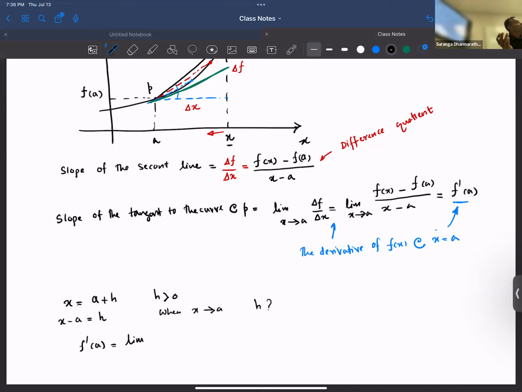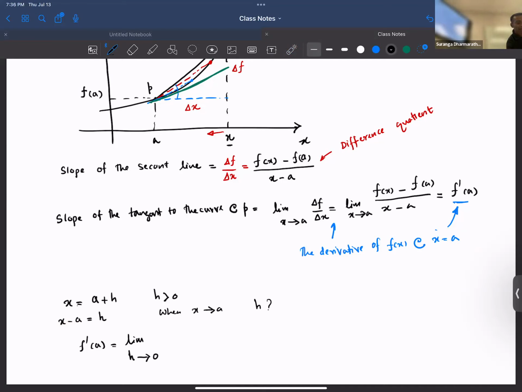It decreases. Where does it go? 0. So h goes to 0. Does that make sense to everybody? So this limit changes to h goes to 0, right?